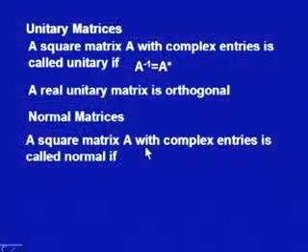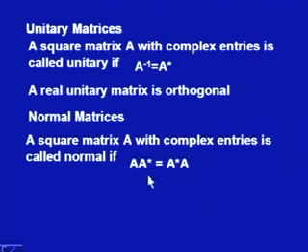Similarly, we define normal matrices. A square matrix A with complex entries is called normal if A A star is equal to A star A. So, this product A with A star, that is transpose conjugate, and A star multiplied by A, they should be equal.